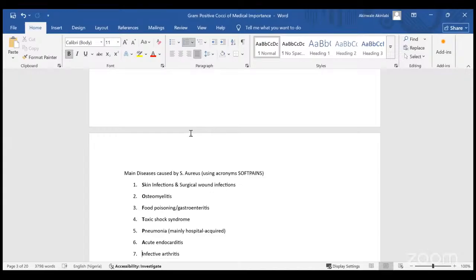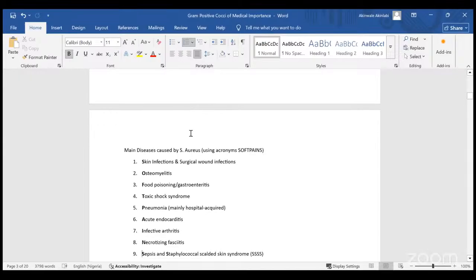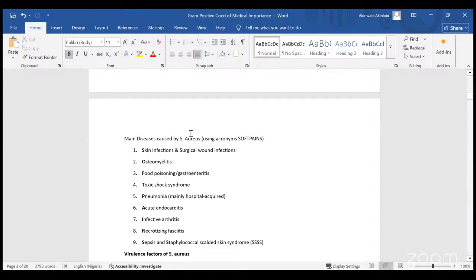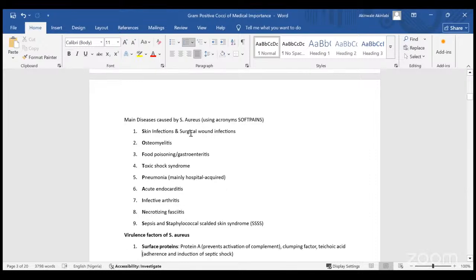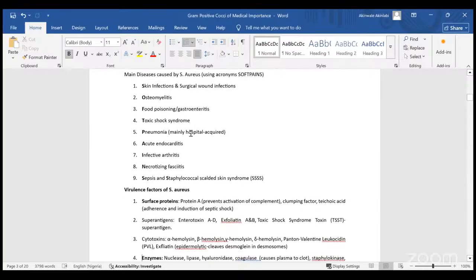We have the fourth one, toxic shock syndrome. The fifth, pneumonia. The sixth, acute endocarditis. The seventh, infective arthritis. The eighth, necrotizing fasciitis. Nine, sepsis and staphylococcal scalded skin syndrome, SSSS.